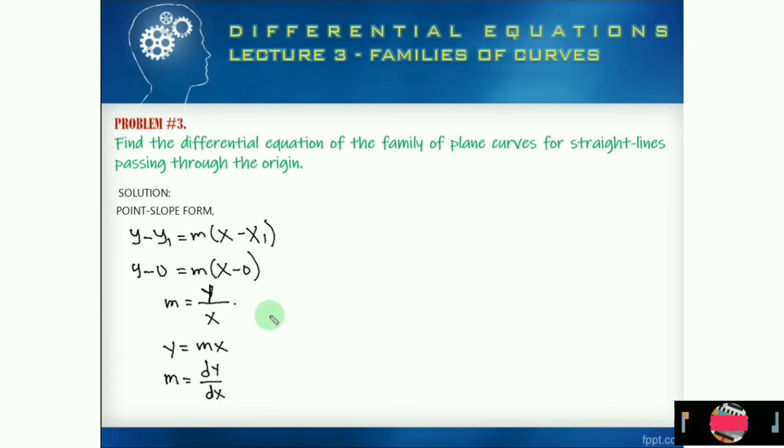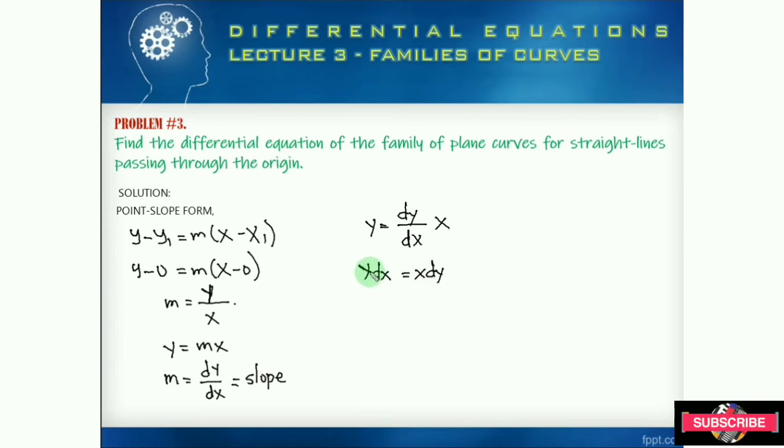If you can still remember this one, our m is now our slope. So from this we can say that using m equal to dy over dx, we can have this form here: y equals mx, so it is dy over dx times x, or we can have y dx is equal to x dy.